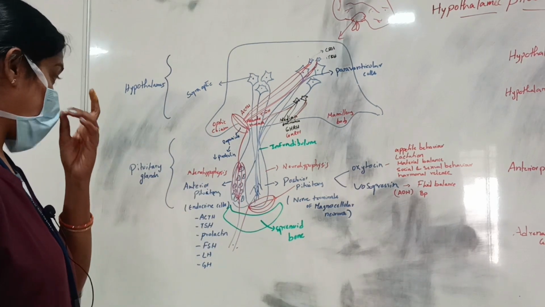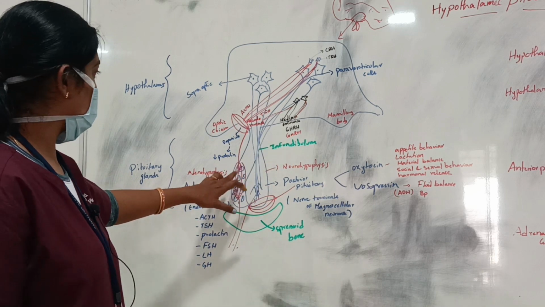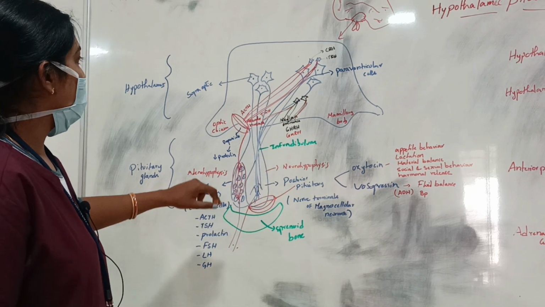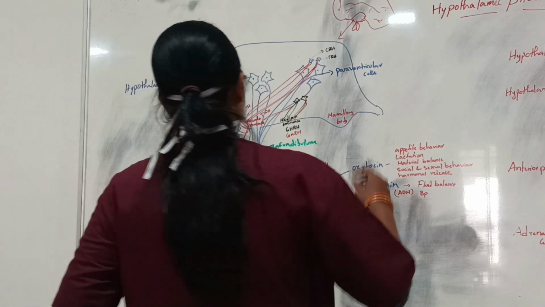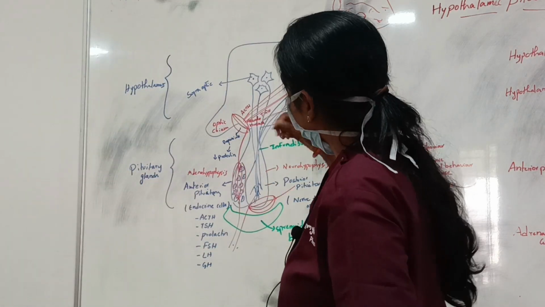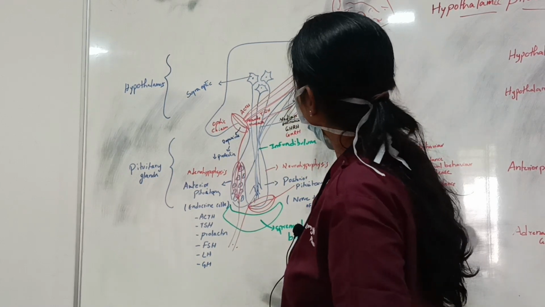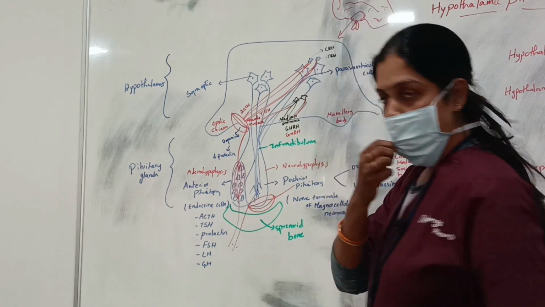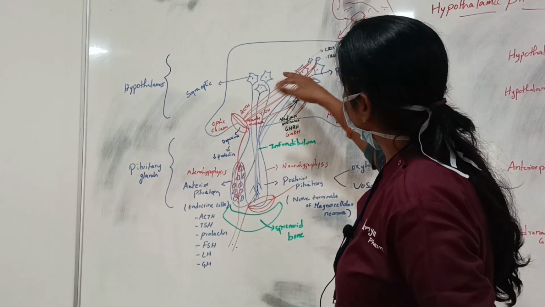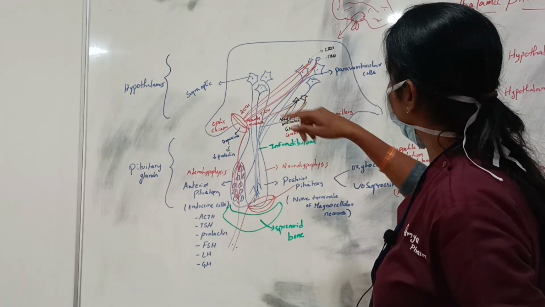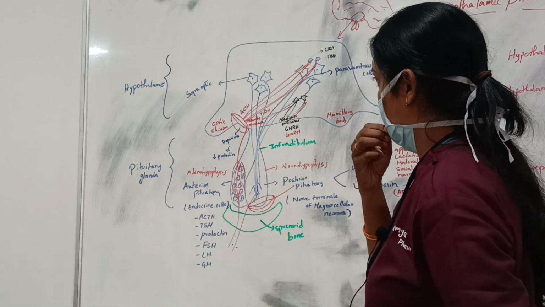First we'll see the posterior pituitary, which will contain nerve endings of neuronal bodies located in the hypothalamus. This hypothalamus contains two types of neuronal bodies: supraoptic neuronal bodies and paraventricular cells.